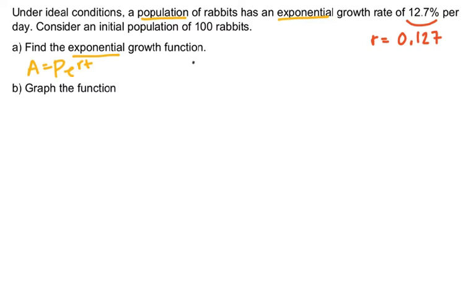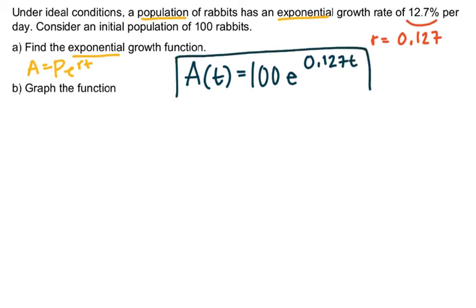So my formula here would be A of T, my end amount at time T, equals, my initial population is 100 rabbits, so I've got 100 e to the 0.127 t. So this represents my function.